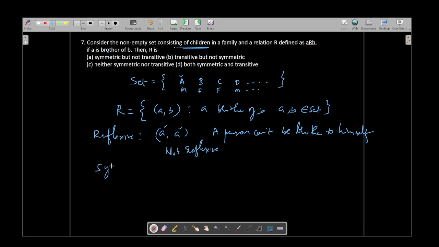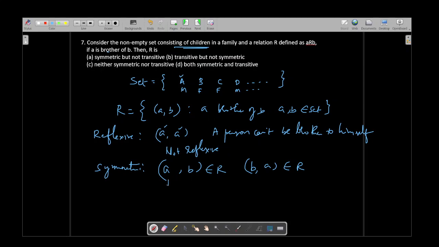Next, for symmetric: if A is brother of B, belonging to R, is B a brother of A? This will be true only if both A and B are males.